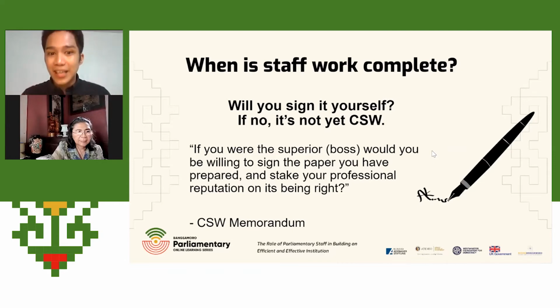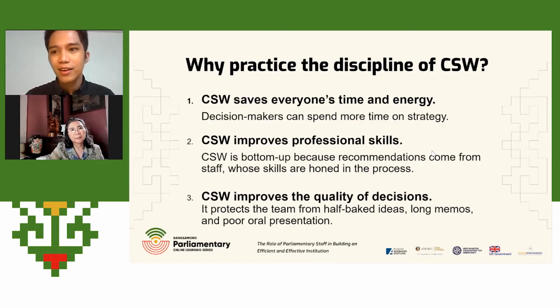Are we willing to stake our professional reputation on this recommendation being right? If the answer is no, it's not yet completed staff work. So that's the general test for whether something is complete or not. I'll pass this on to Ma'am Angge to discuss the whys.